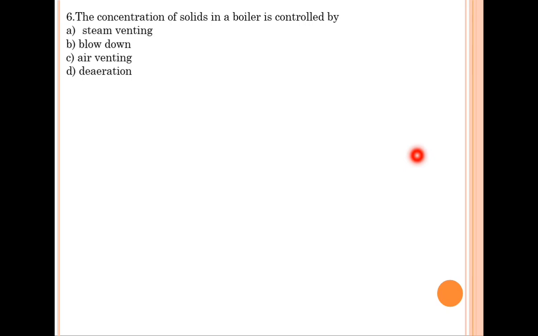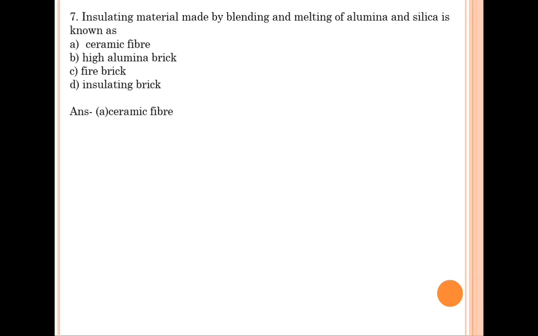So blowdown is the right answer here to decrease the concentration of solids in the boiler water. Insulating material made by blending and melting of alumina and silica is known as, the right answer is A, that is ceramic fiber, because ceramic fiber is only made by melting and blending of alumina and silica.